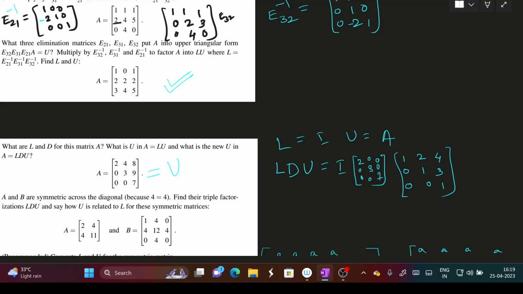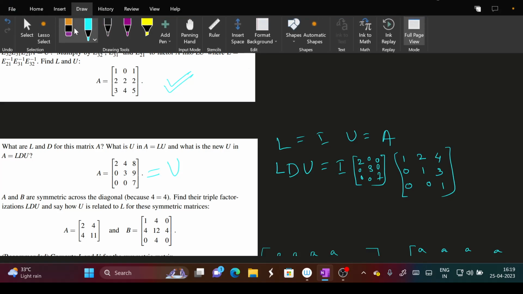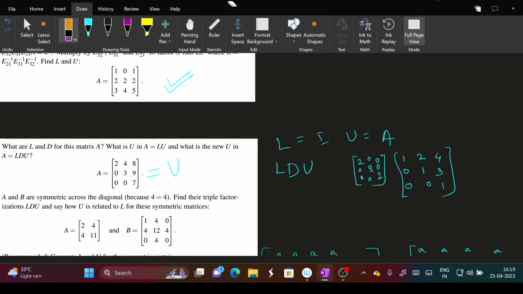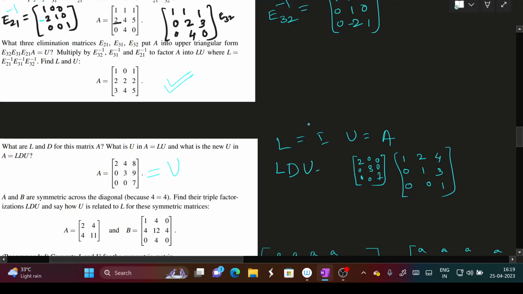Let us write L also. My L is 1 0 0, 0 1 0, 0 0 1. Okay, so it is my L, it is my D, it is my U. So there is no issue. Similarly, the other questions can be attended to here.